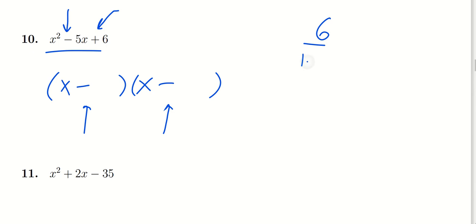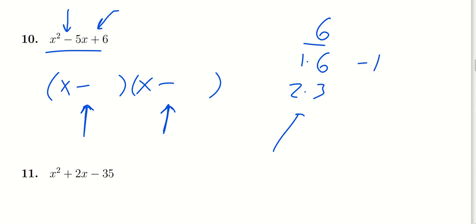Now, from there, there's a lot of factors to get 6. You could do 1 and 6 and 2 and 3. Because we're using factors that have the same sign here, the way these factors are going to combine is they're going to add to give the middle term, right?